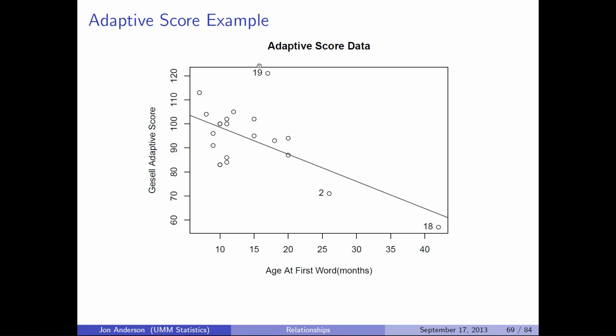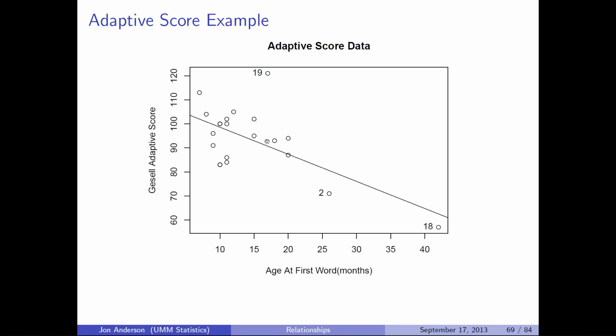Case 19 is also very unusual. This child spoke at about 16 months, and that is not too unusual. There's lots of other children taking till about 16, 18 months to speak. But the intelligence of child 19 is abnormally high.